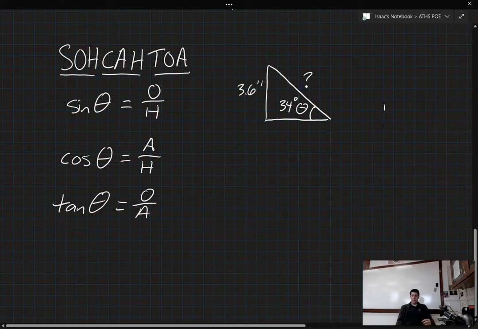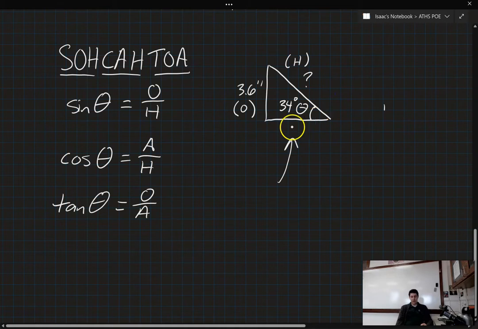Okay, well, first we need to figure out what side is what. If this is the angle that we are examining, then the side of the triangle that's across from it, on the opposite side, is the opposite side. Now the hypotenuse, obviously, is the hypotenuse. It's the longest length on a triangle. Then this side down here is the last one that we haven't labeled.